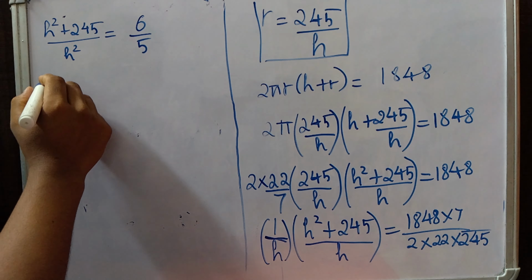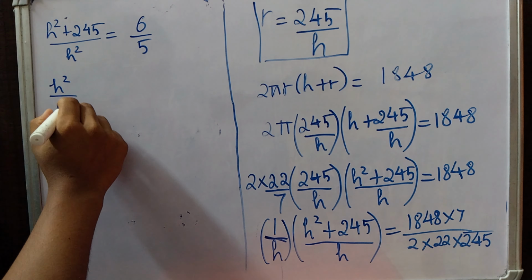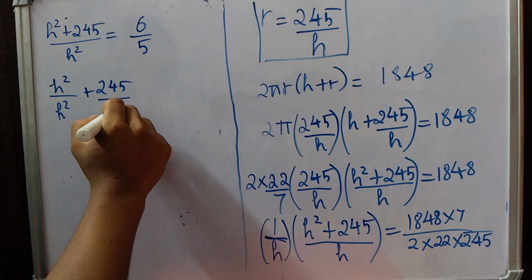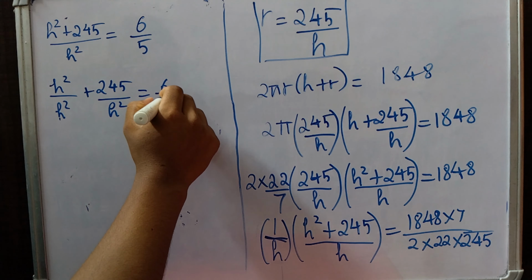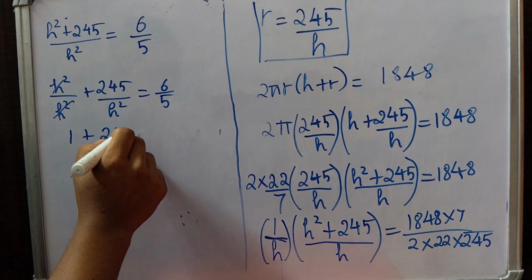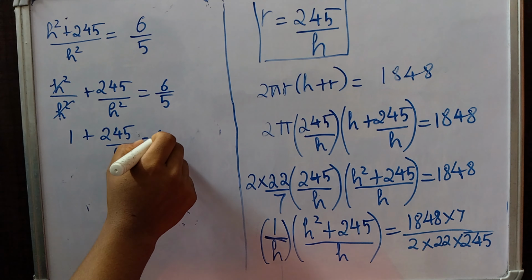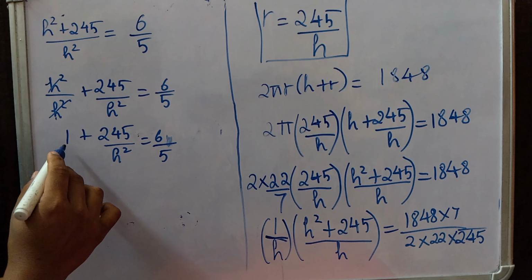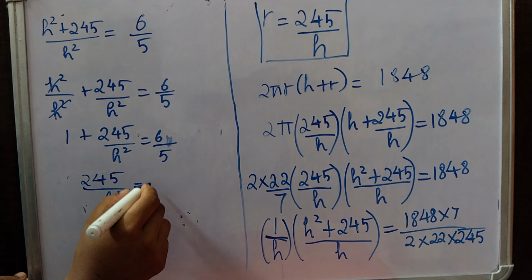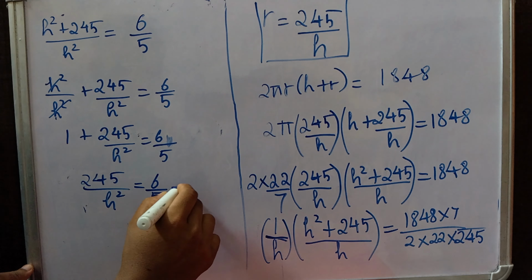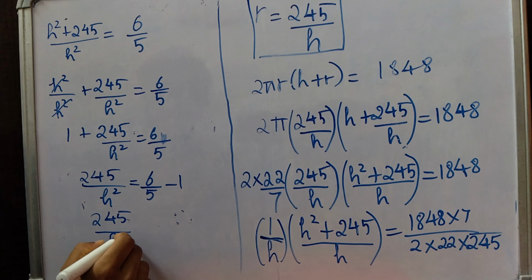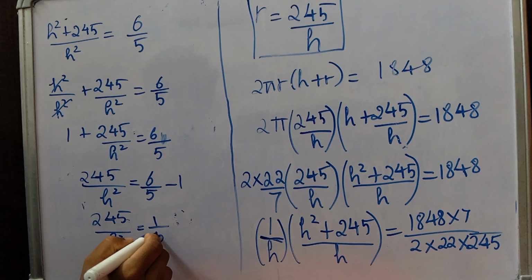Here we can split this as H square by H square plus 245 divided by H square, which is equal to 6 by 5. H square gets cancelled, so 1 plus 245 by H square is equal to 6 by 5. Taking the 1 to the other side, 245 divided by H square is equal to 6 by 5 minus 1, so 245 by H square is equal to 1 by 5.